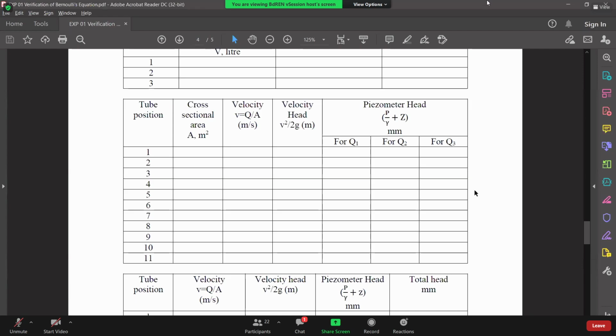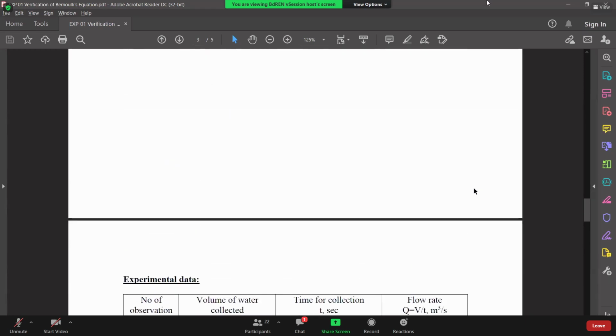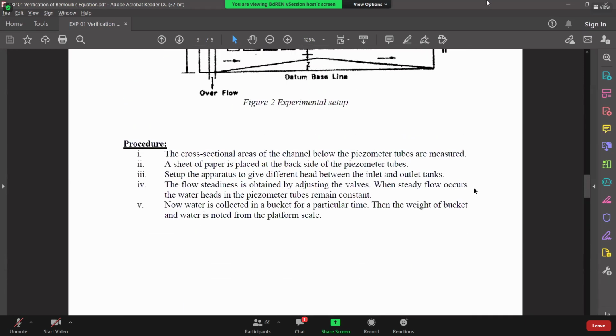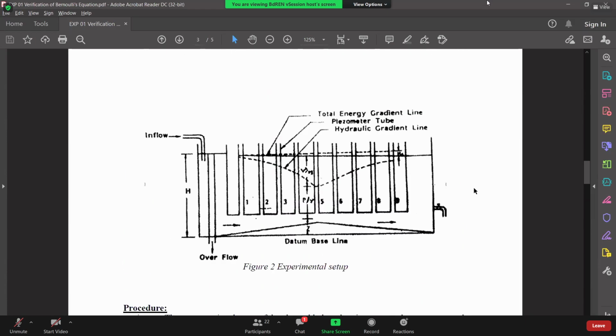Any questions? Sir, will we be provided with data for completing the experiment? How are you going to complete the experiment? I can give you the data, but there is no alternative to actually seeing this. You will be taking these readings, the piezometer heights, the flow rates, and then seeing this setup.